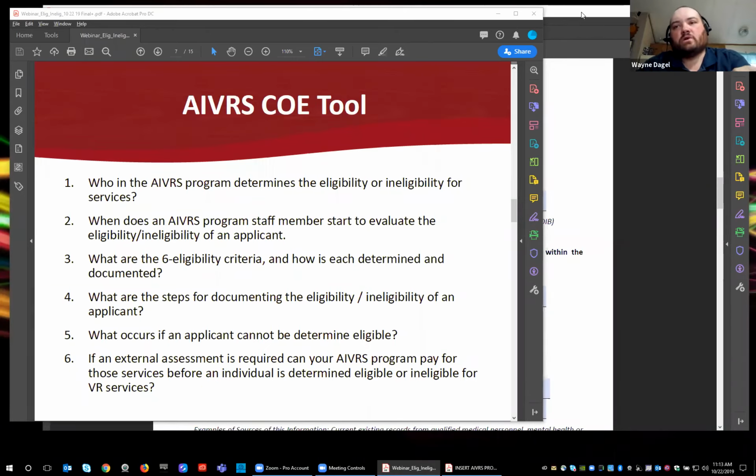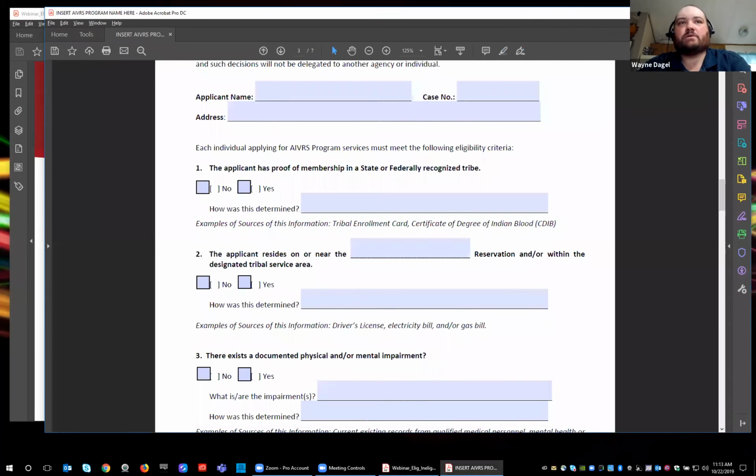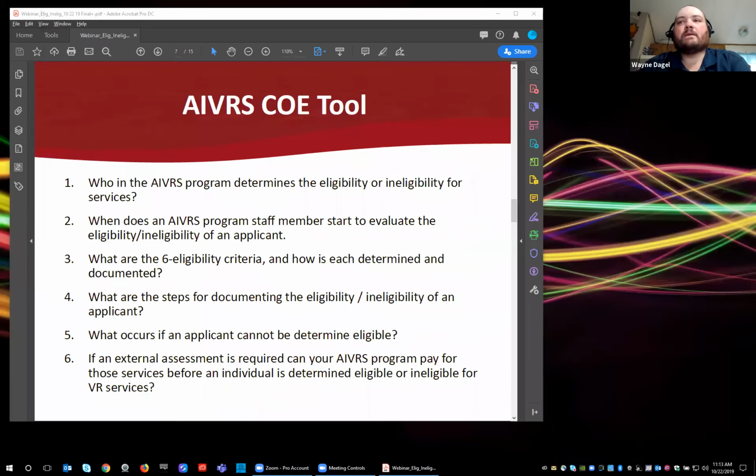Now, in the case where an individual is too significantly disabled to the point where they cannot benefit or meet other criteria for eligibility, you have to have doctor's documentation stating that they're too severe to work.